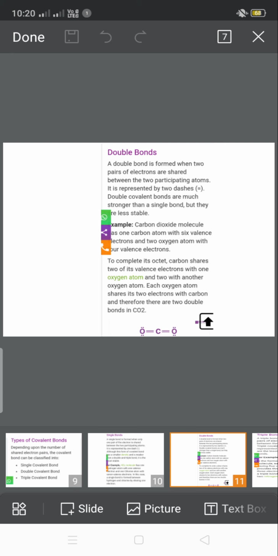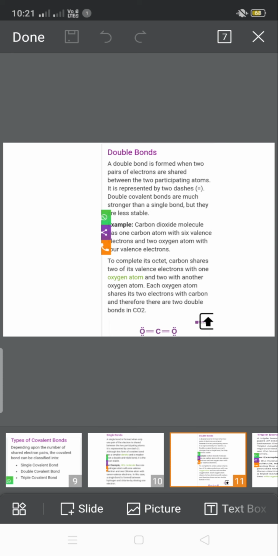To complete its octet, carbon shares two of its valence electrons with one oxygen atom and two with another oxygen atom. Each oxygen atom shares its two electrons with carbon, and therefore there are two double bonds in CO2.